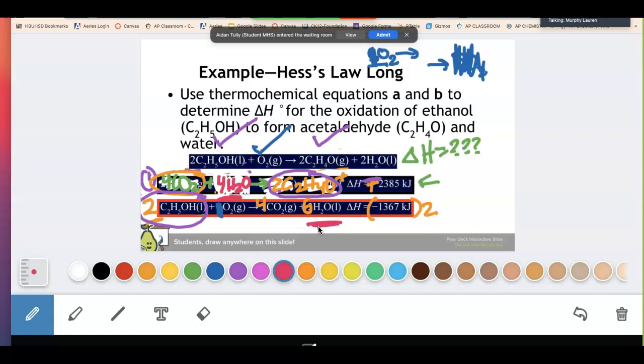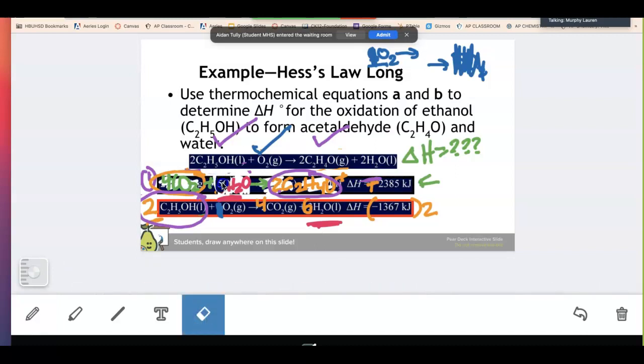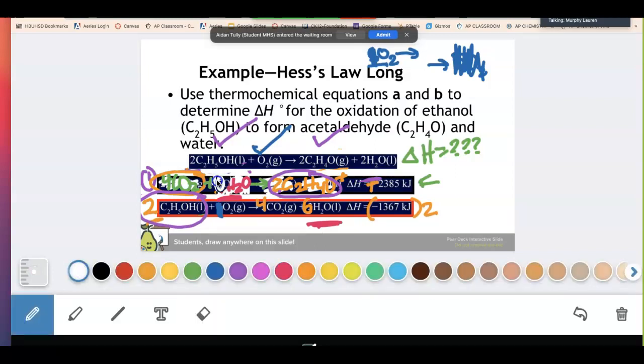Things on opposite sides of the reaction arrow are subtractive. So what is 6 minus 4? It is 2, right? So that means all 4 of these are gone, and you're left with 2 waters on the right side, which, look at that, is 2 waters on the right side overall.